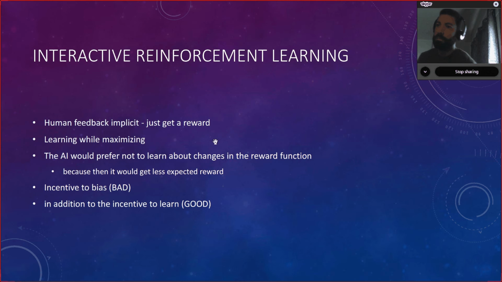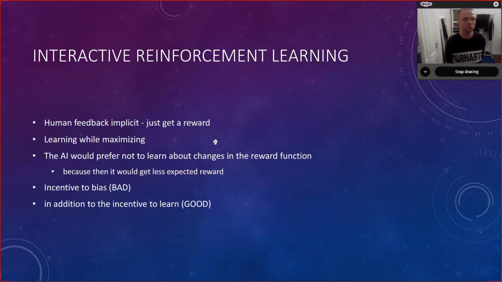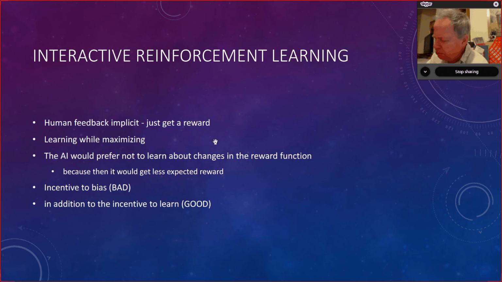This means that the AI will have an incentive to bias towards the things that will give it a lot of reward, in addition to the incentive to learn, which is what we really want. We want it to learn about the reward function, and we want to maximize towards that, and not to go into some strange corner where it can get a huge reward, but which is totally not what we want.